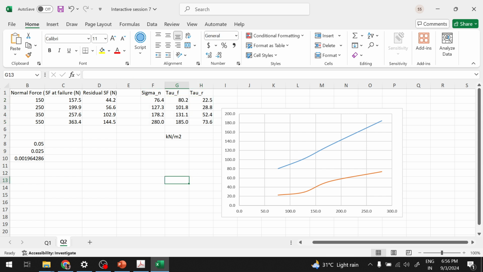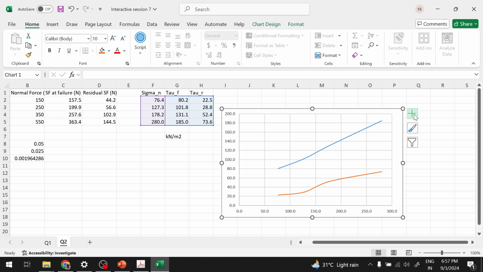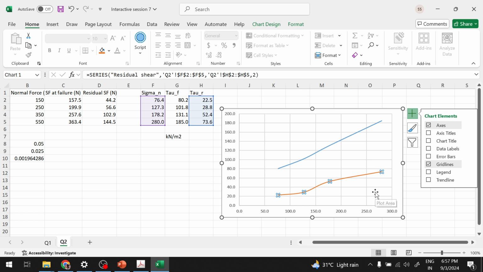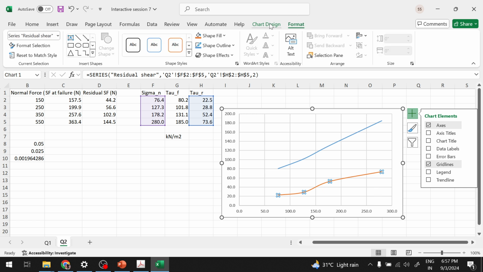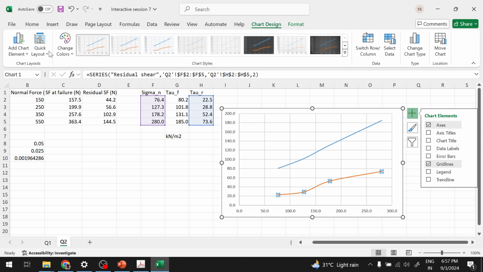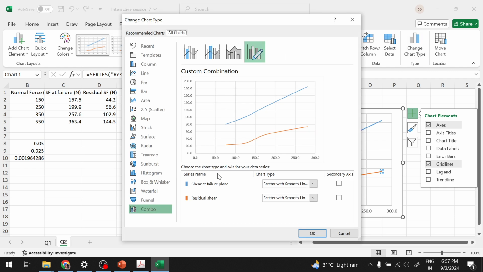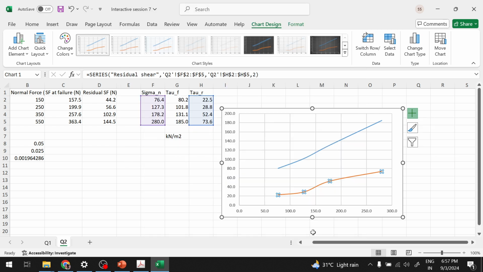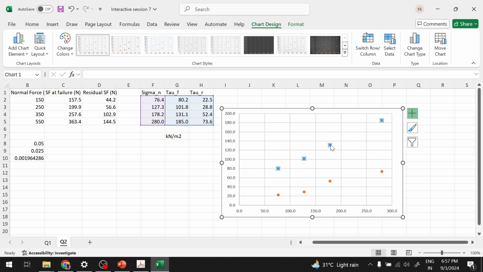Let's draw trend lines. Actually, let's convert these into only scatters, so we can add trend lines.